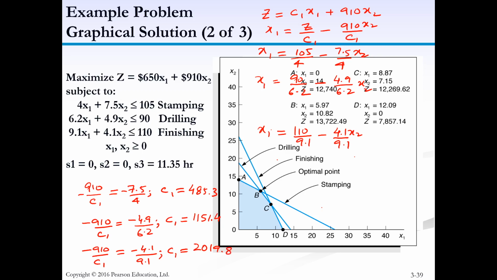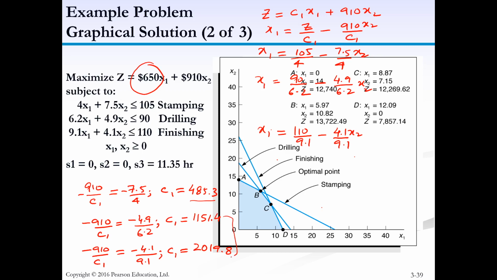Now we see that the original value is 650, right? And we have two values coming downward and one upward. One downward, which is 485.3, and two upward. All right.